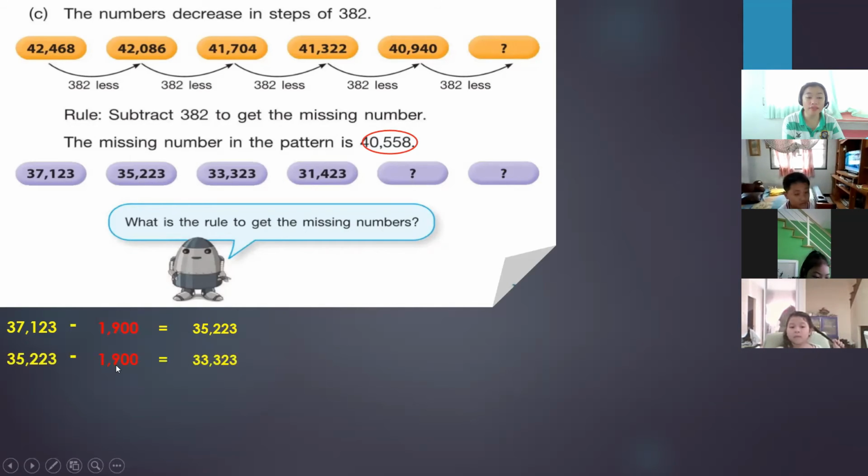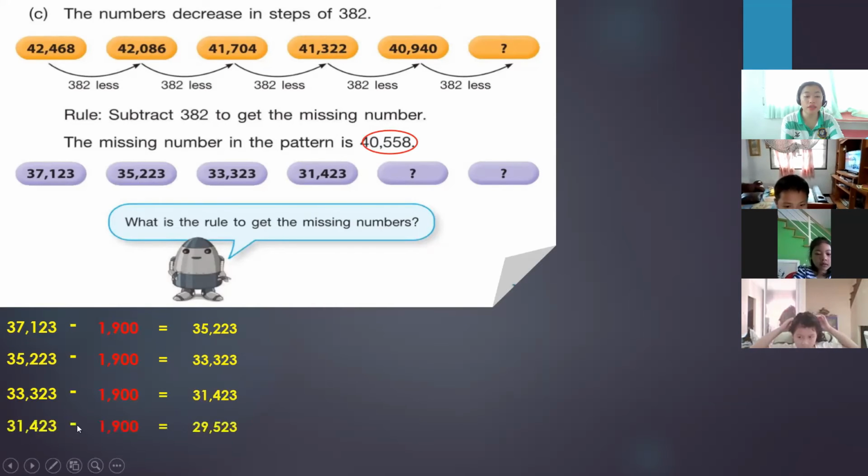And 35,223 minus 1,900 is equal to 33,323. 33,323 minus 1,900 is equal to 31,423.